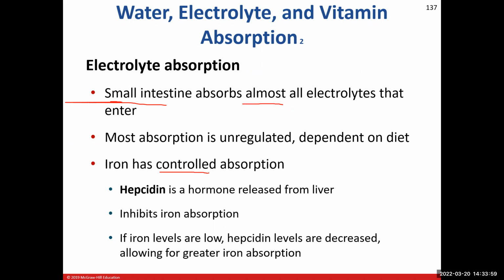So depending on your diet, and it also depends on certain processes in your body, if your iron levels are high, for example, then the hepcidin levels will be increased because we are going to try to inhibit that iron absorption, and vice versa. If your iron levels are low, maybe you have a diet very poorly managed with how much iron you're taking in, your hepcidin levels will be decreased, and that will allow for more iron absorption to occur.